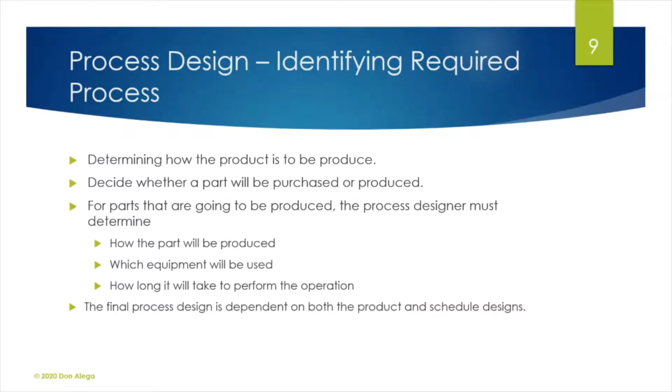So next, for the process design, ito naman yung how the product is to be produced, 'di ba? We will decide kung the components or the parts will be purchased or produced. So, sa identification ng process, we have two tools na ginagamit, the parts list and the BOM.